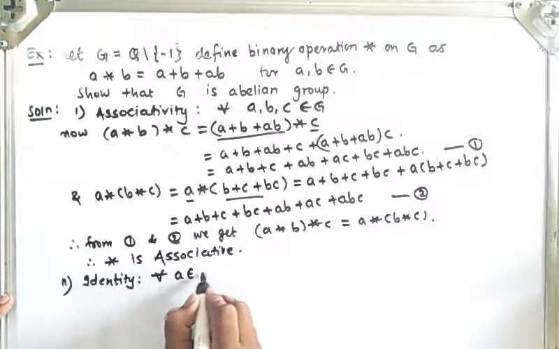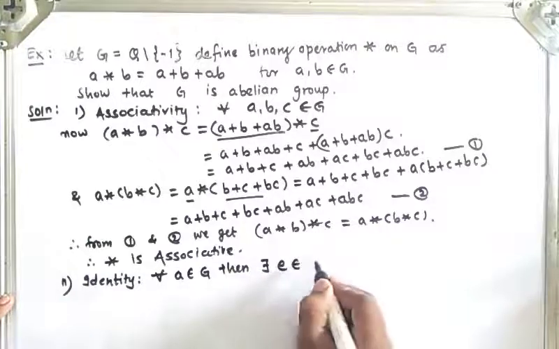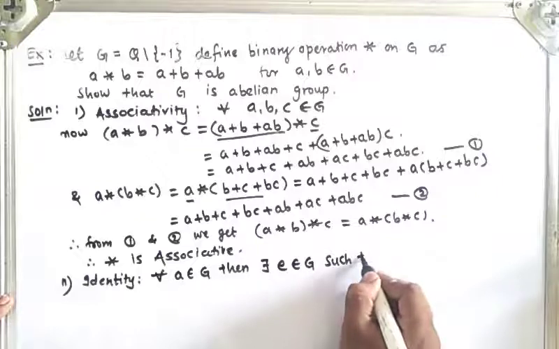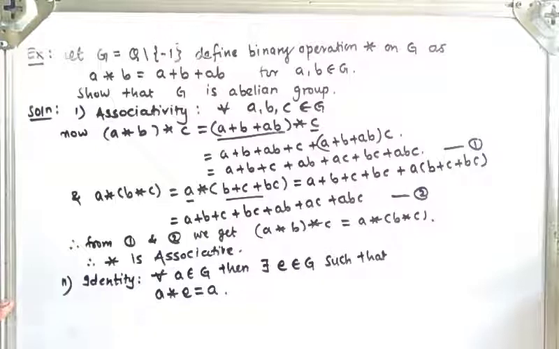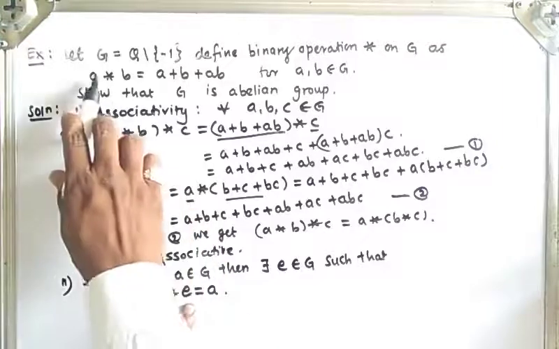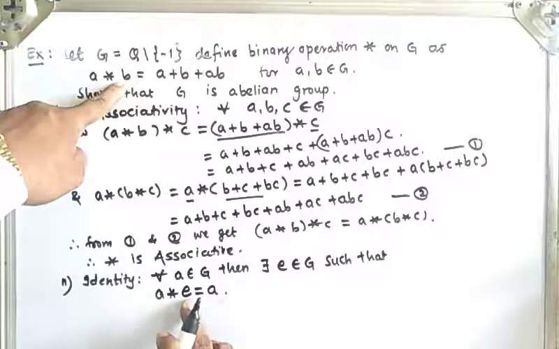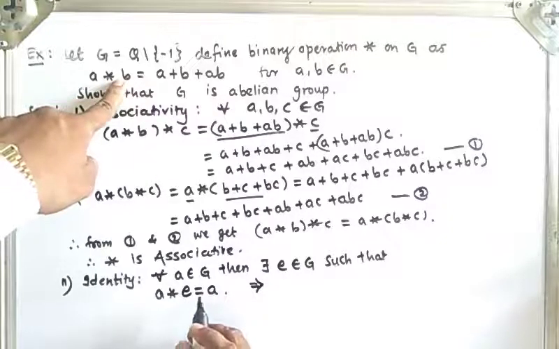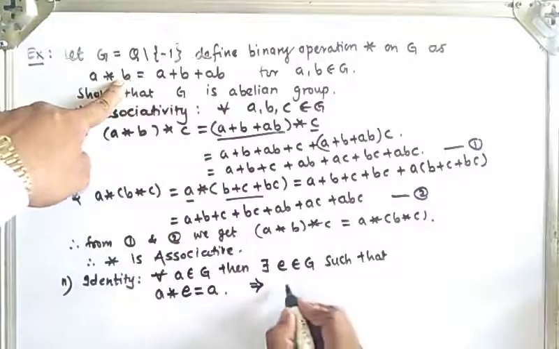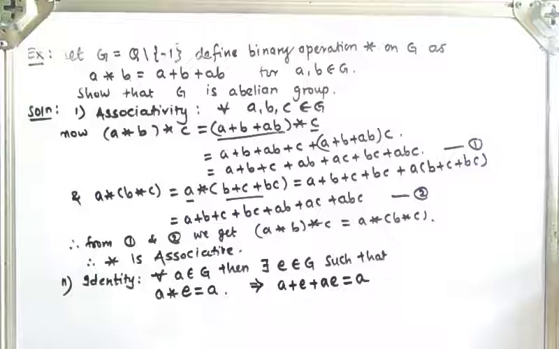For all A belongs to G, there exists an identity E belonging to G such that A star E is equal to A. Here E is the identity element, and we have defined A star B is equal to A plus B plus A into B. So in this equation I will replace B by the identity E. Then what will we get? A plus E plus A into E is equal to A.